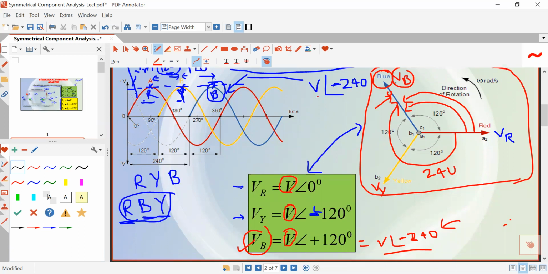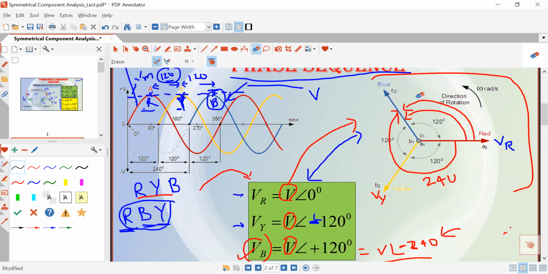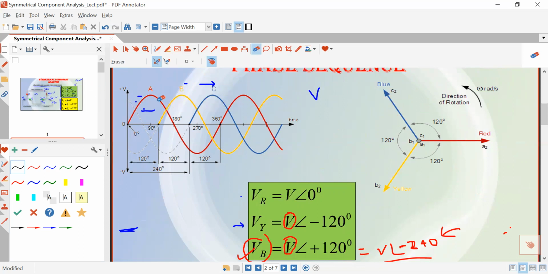So you must remember these two points. This is how you can know about the phase sequence, how you will write the voltage equation in phasor form, and from phasor form how you will draw the phasor diagram. And from the phasor diagram you can also answer about the phase sequence.